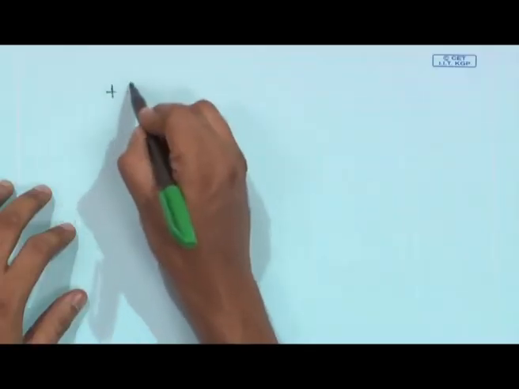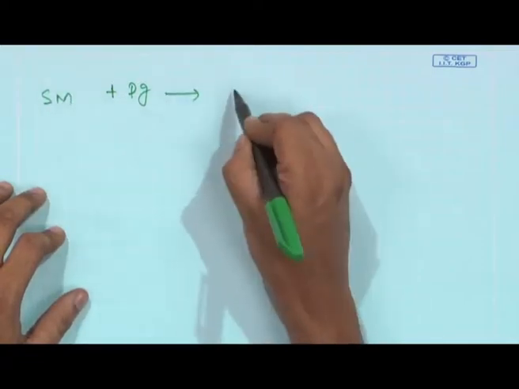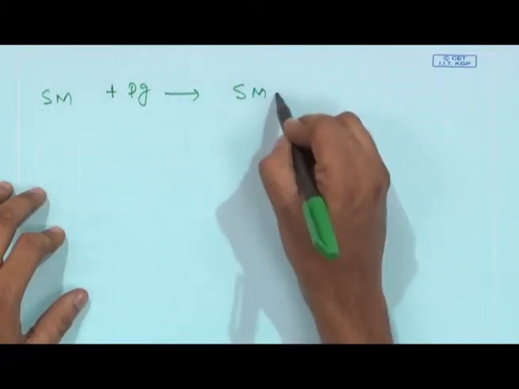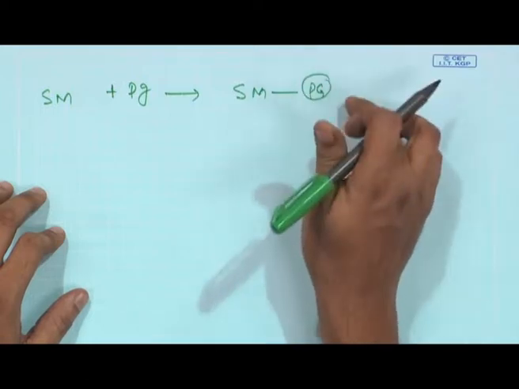Now, the point is protecting groups are always not recommended, because if you use a protecting group your synthesis will not be step economic, because you are adding two extra steps. First you have to add your protecting group to the starting material to get a starting material with a protecting group as a covalent attachment.